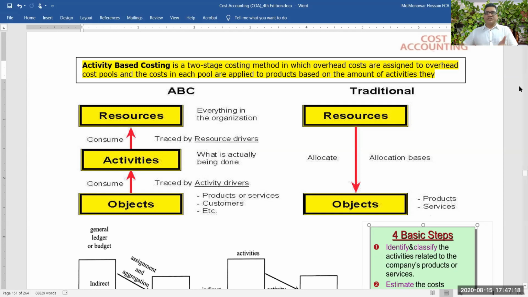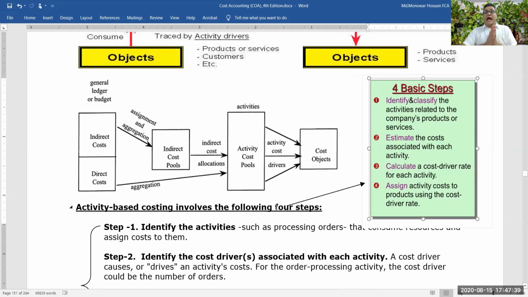Look here, this is the traditional approach, allocated directly to the object, the product or service, but in activity-based costing there are two stages. Basic steps for activity costing: identify and classify the activities related to the company's products or services, estimate the cost associated with each activity, calculate a cost driver rate for each activity, and then assign activity cost to products using the cost driver rate.